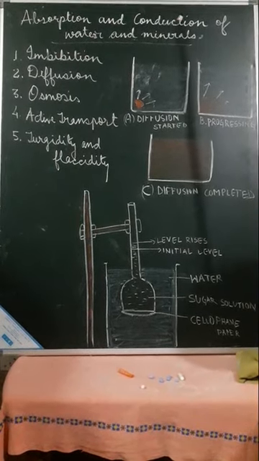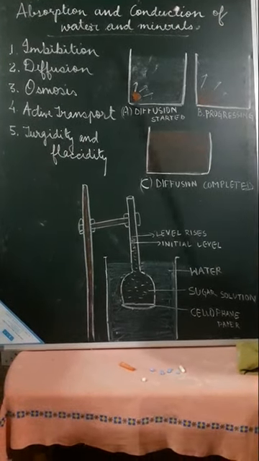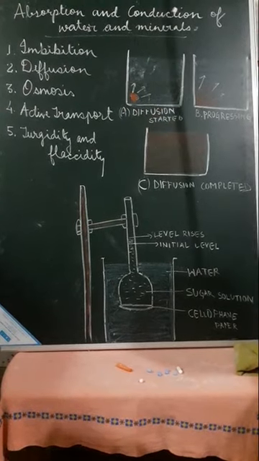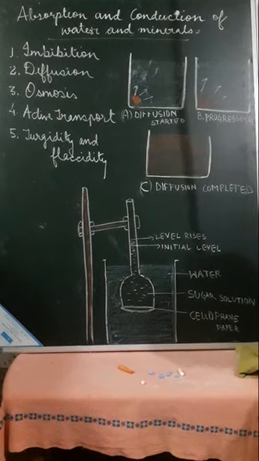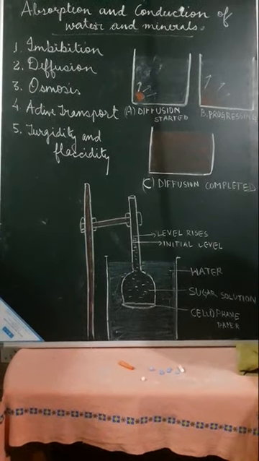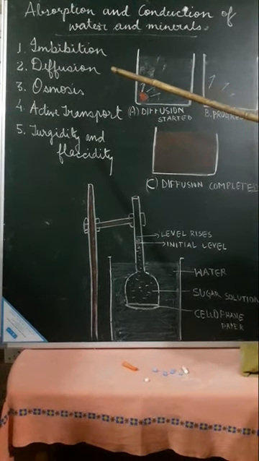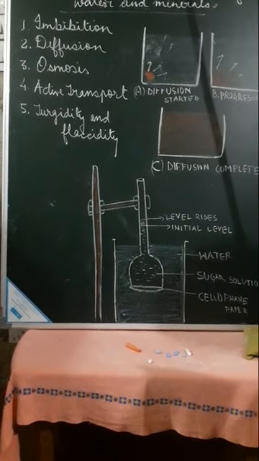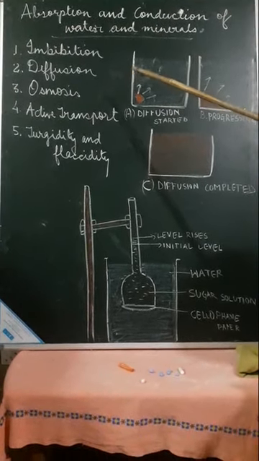Next, osmosis. Third is osmosis, and this also you need to learn how to define. Osmosis is the movement of water molecules from lower concentration to higher concentration when both are separated by a semi-permeable membrane.